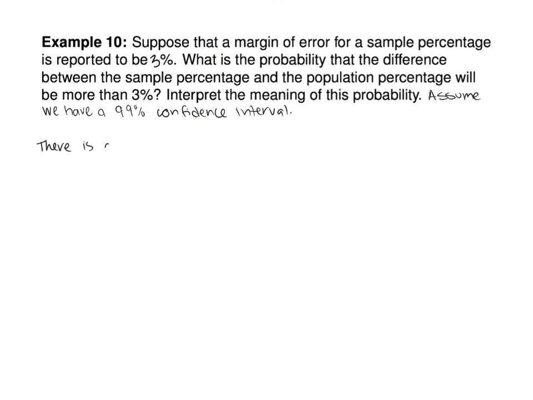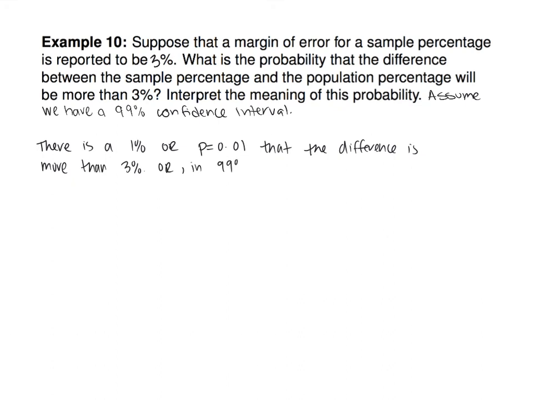There is a 1% chance, or probability of 0.01, that the difference is more than 3%, or in almost all samples, the difference will be less than 3%.